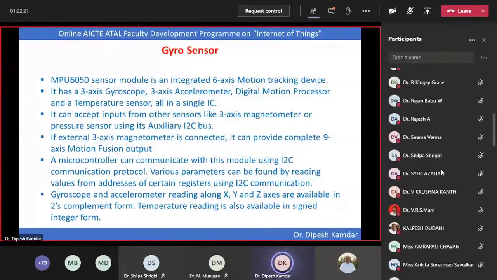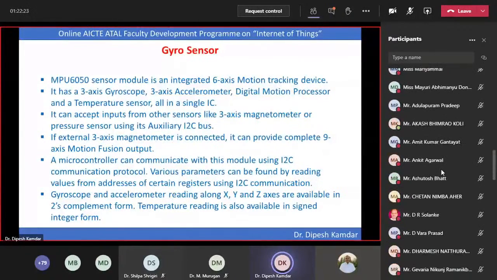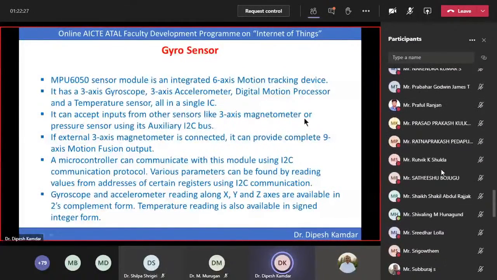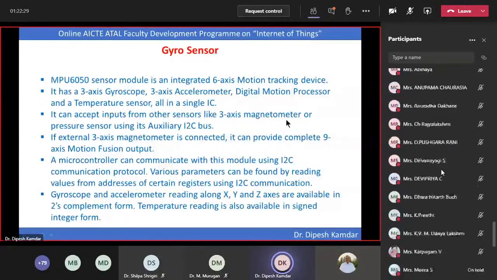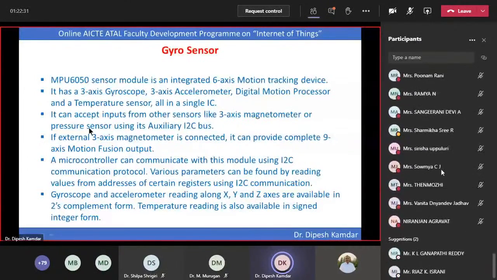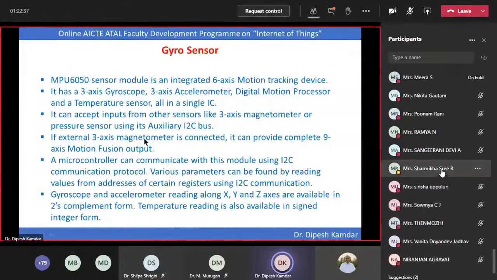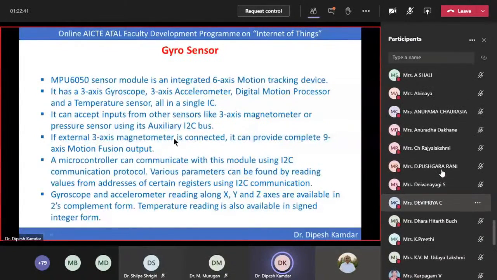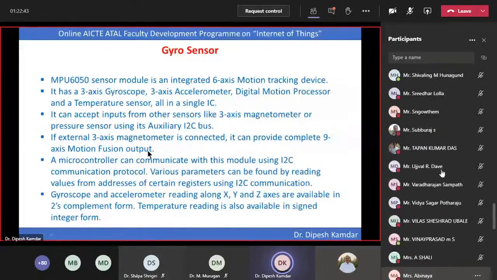So this can give a temperature also. It can access the input from other sensors like a 3-axis magnetometer or a pressure sensor using its auxiliary I2C bus. With the 3-axis magnetometer connected, it provides the complete 9-axis motion fusion output.